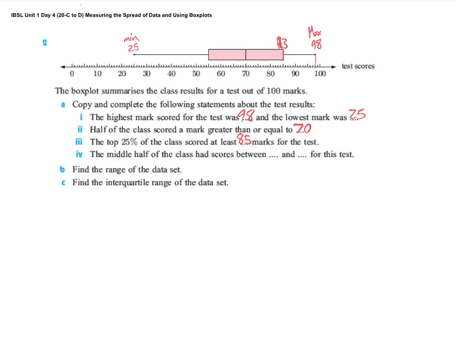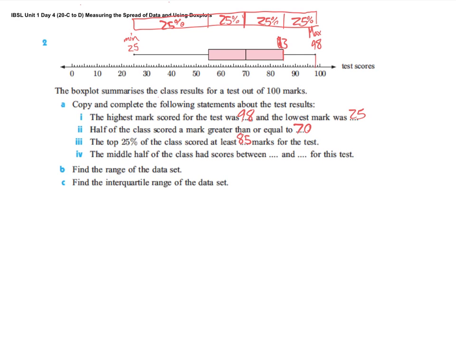So remember that division here. Remember the box we started out the day with? Here it's just spread out a little different. Here's 25%, 25%, 25%, and here's the top 25%, okay? They scored greater than 85, okay?